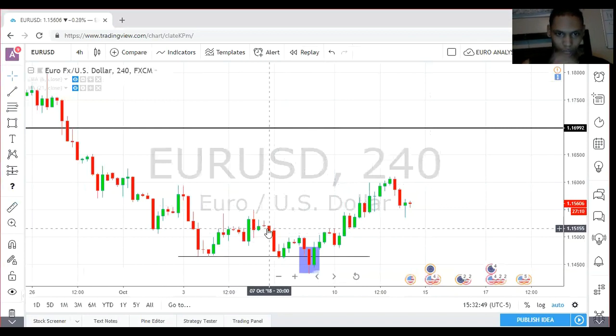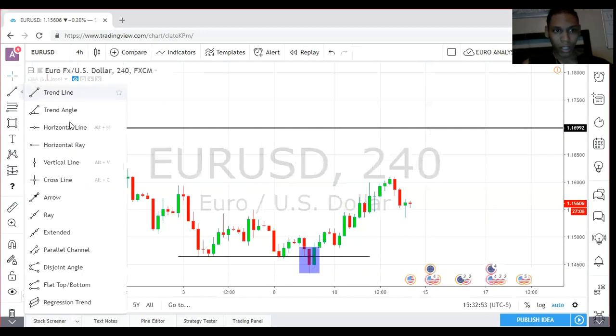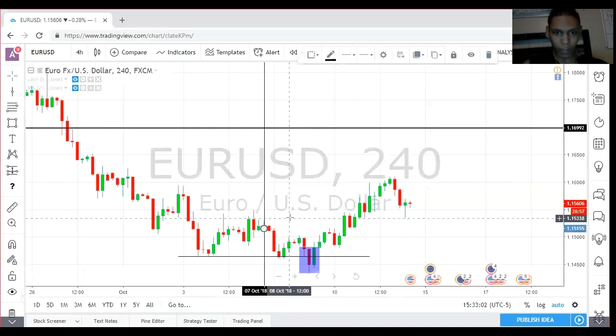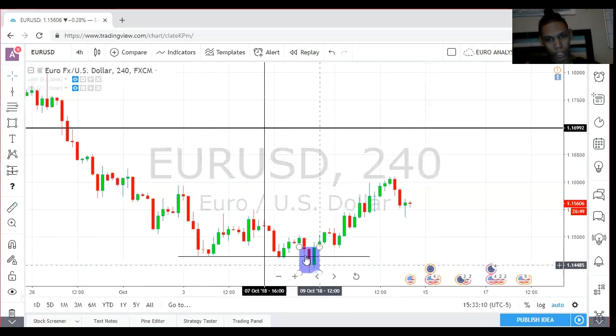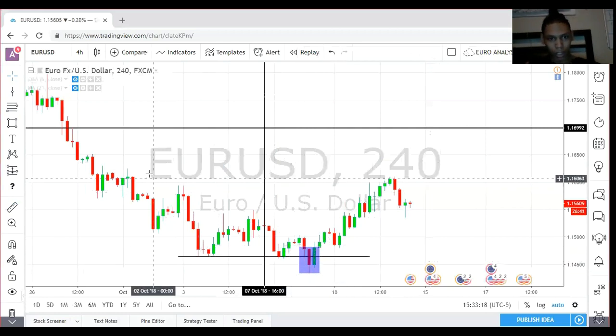So yeah, this week opened right here, and price retested the other week's low, a double bottom, a tweezer bottom, and closed bullish above this right here.